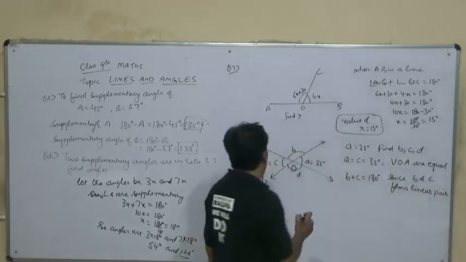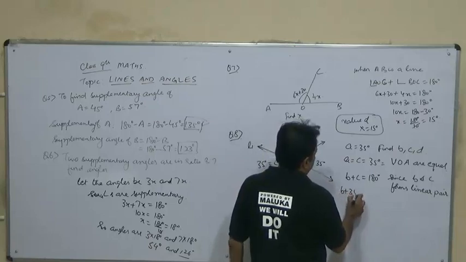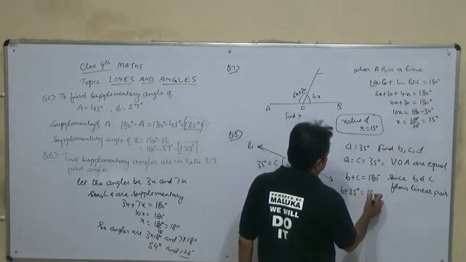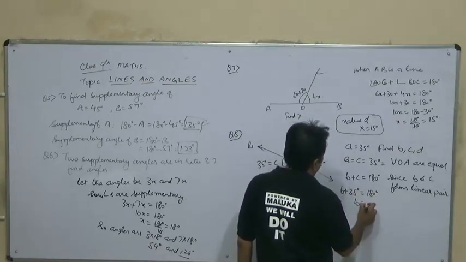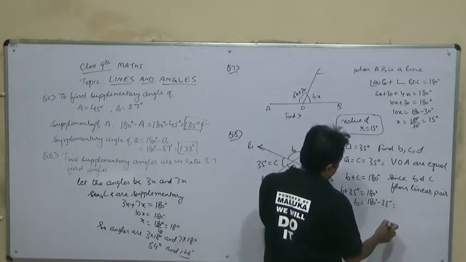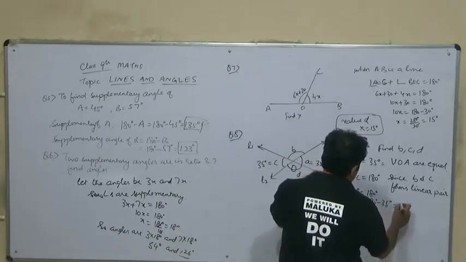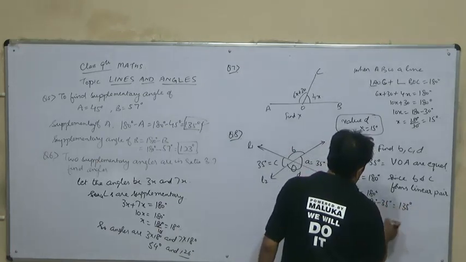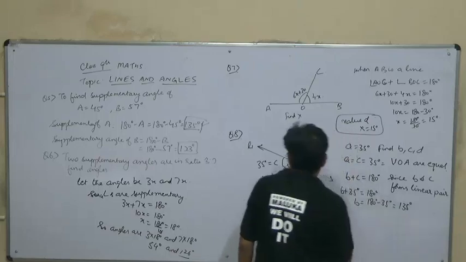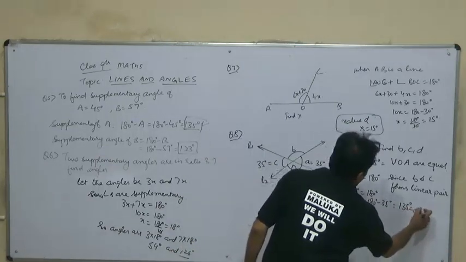So B plus 35 degree is equal to 180 degree. So B will be equal to 180 degree minus 35 degree. So this will be 135 degree. And D is the same as B, so D is also equal to 135 degree.